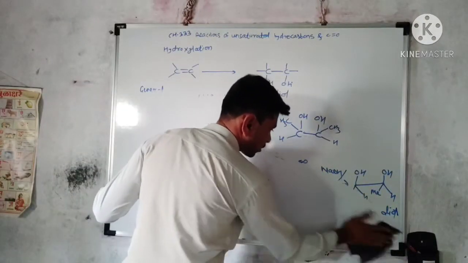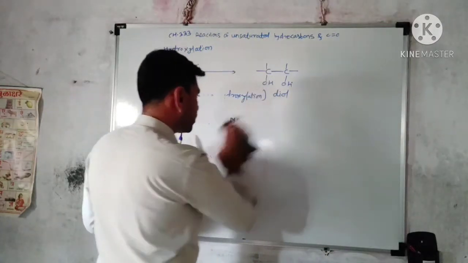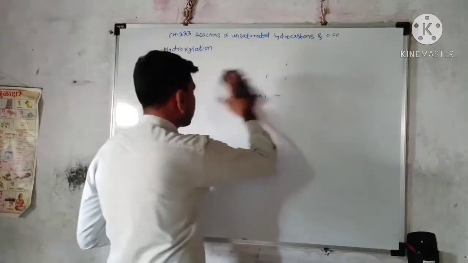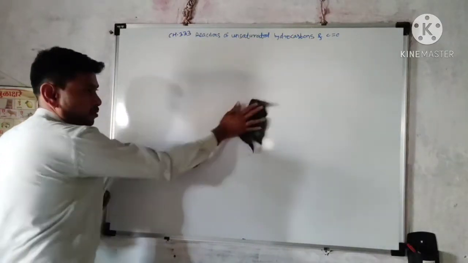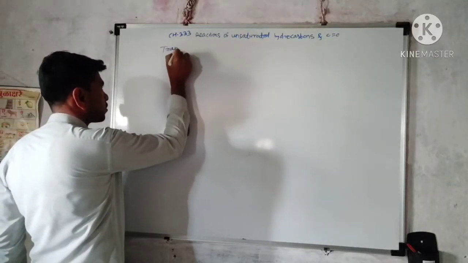In trans hydroxylation, we use organic per acids as a reagent, and these per acids, when added to a carbon-carbon double bond, see the trans hydroxylation.